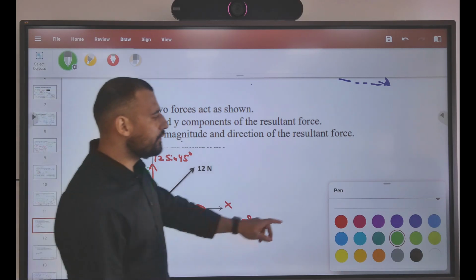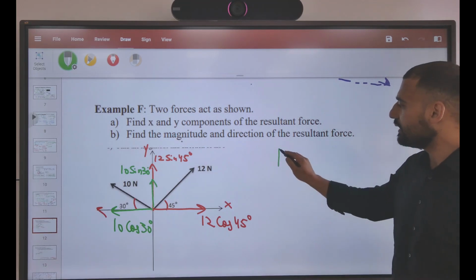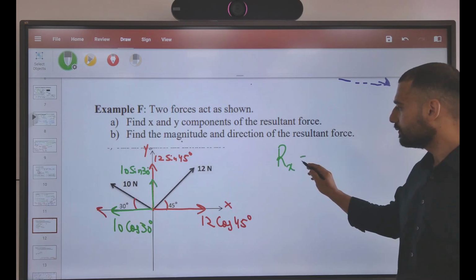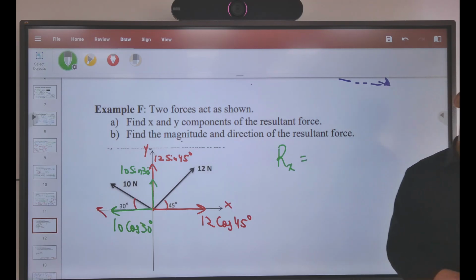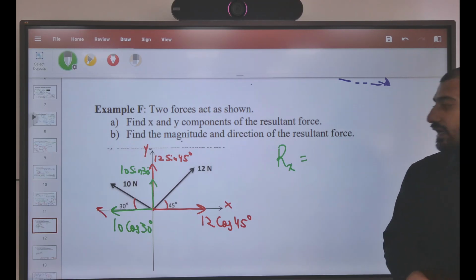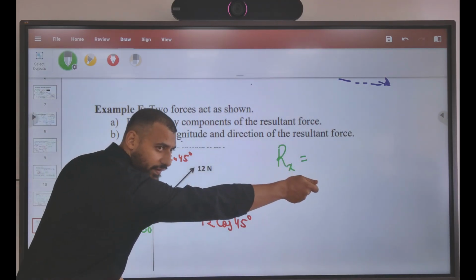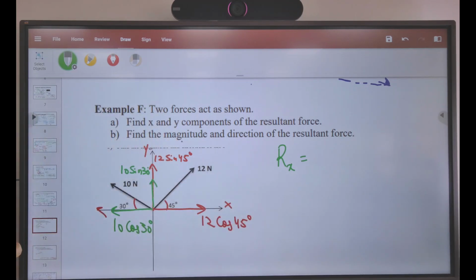With the help of these two, understand what is the net resultant in x? Resultant value of the force in the x direction. We have two forces in the x, right? One is 12 cos 45 and the other is 10 cos 30. So one force will be more, one will be less.